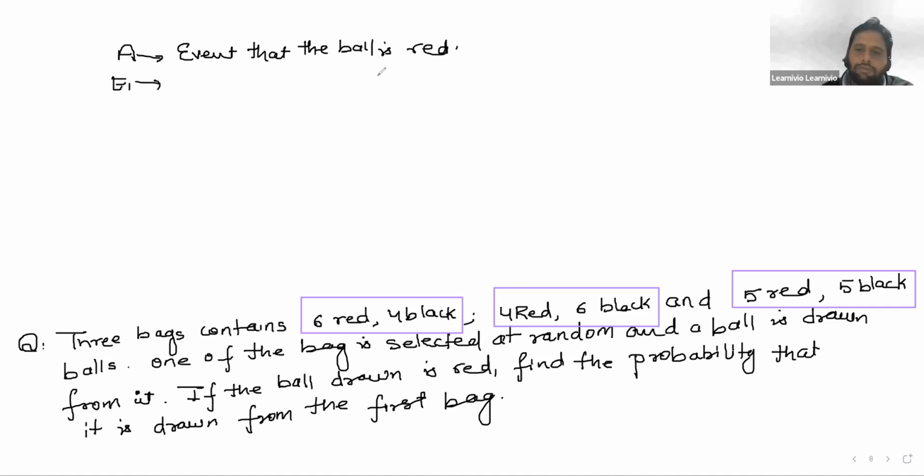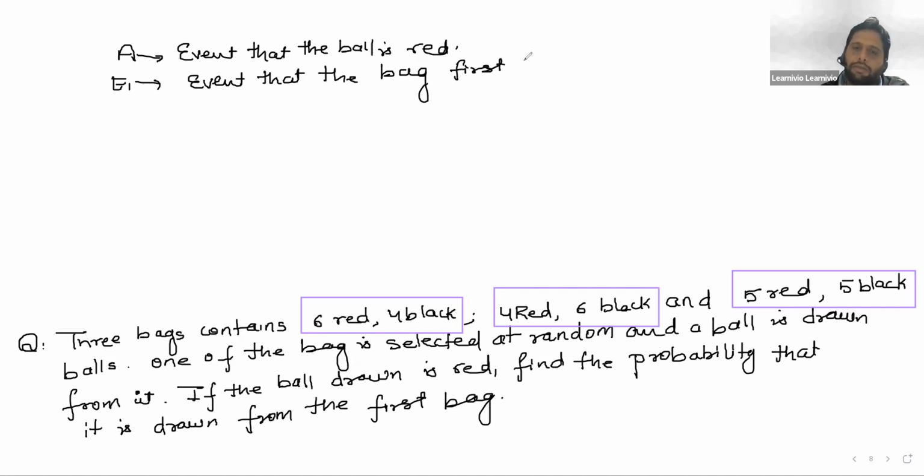Next, write the event. What is the event? Taking the ball from bag one. Yes, E1 is the event that bag one is selected. Then we will write our condition.